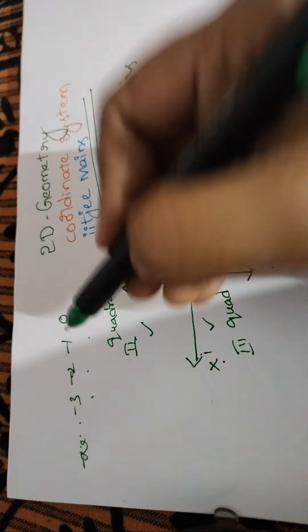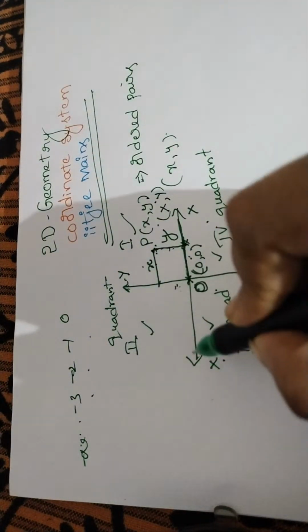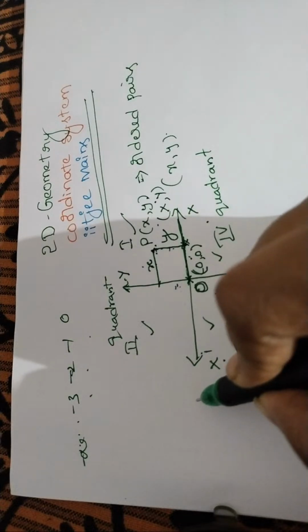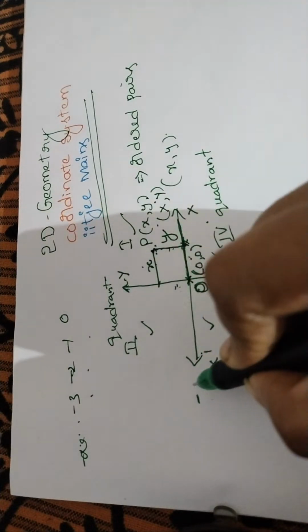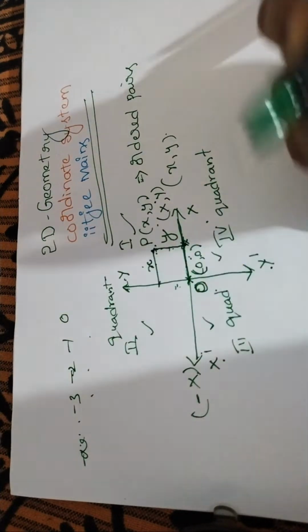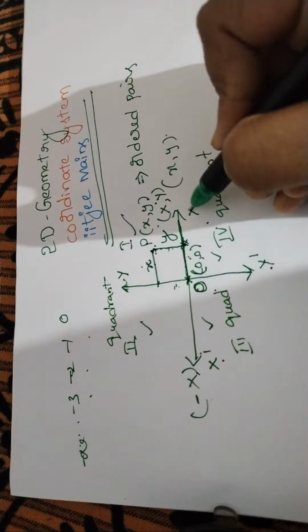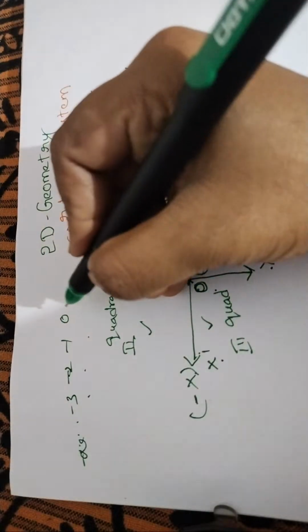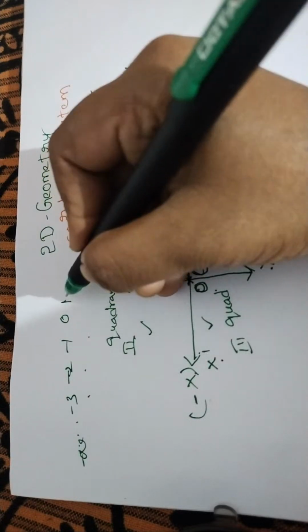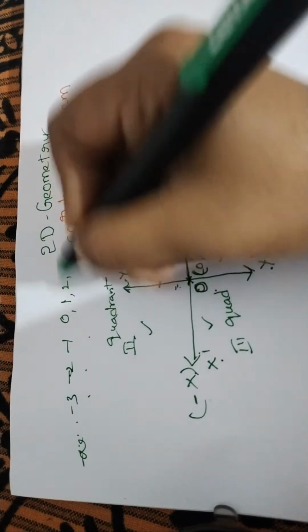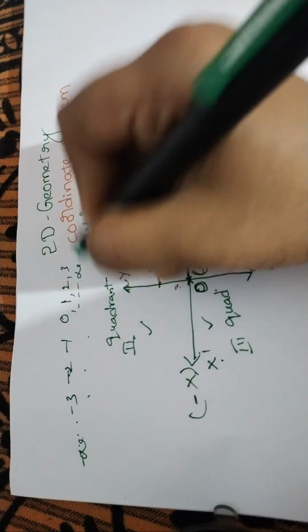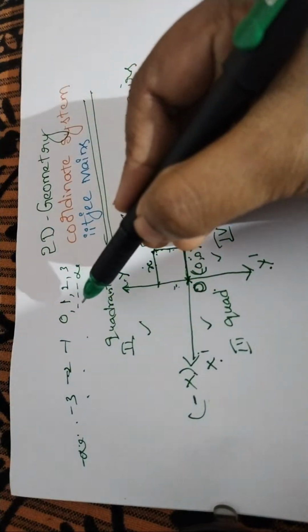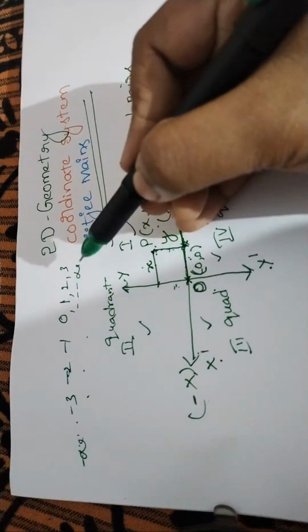Values before 0 are negative values, so I will write minus x on this side. This is positive x. What are the numbers after 0? 1, 2, 3 and so on to infinity.